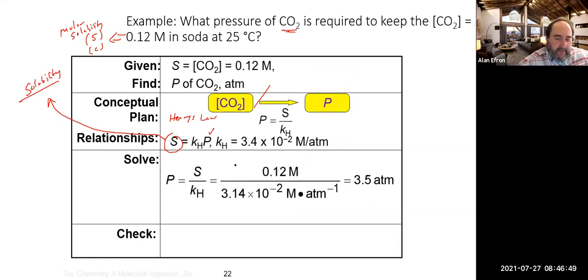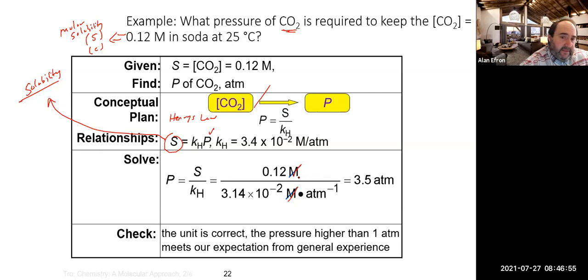And if we put it in, the molarities cancel, the atmospheres come to the top, and 3.5 atmospheres would be the pressure required to do that. Remember that standard pressure is 1 atmosphere, so this is about 3 times the standard pressure that we see, say, in a can of soda to keep our CO2 dissolved in there. Any questions on it? Right there.